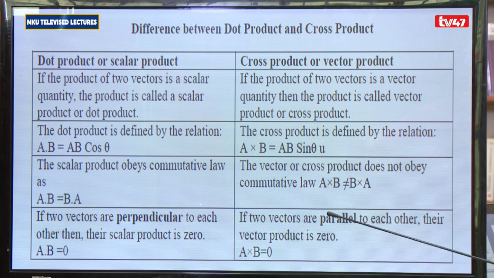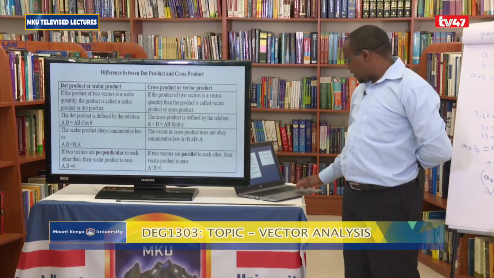On the other hand, in the cross product, if you have two vectors which are parallel to each other, like i cross i, j cross j, the answer is going to be 0. So this is the summary of the dot product and the cross product in terms of their differences.